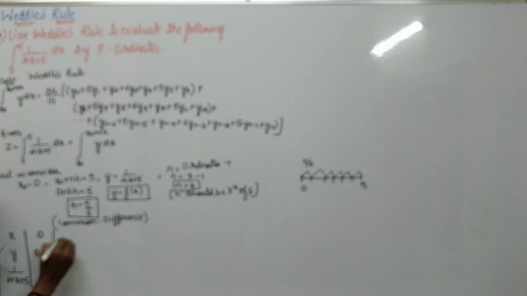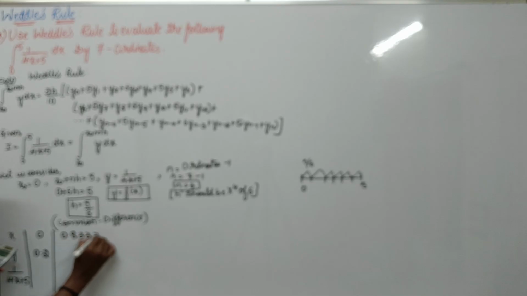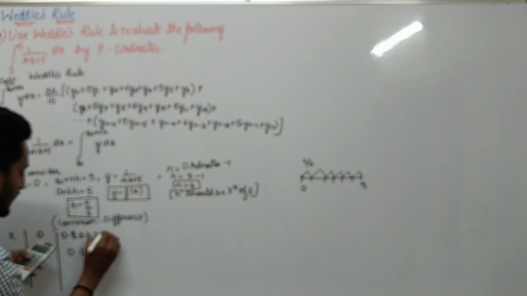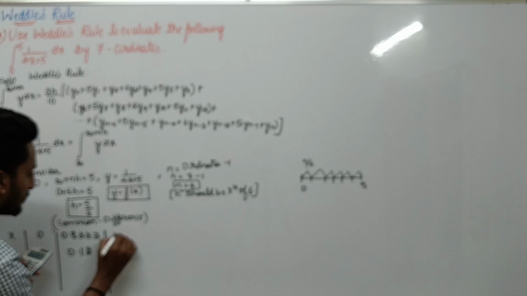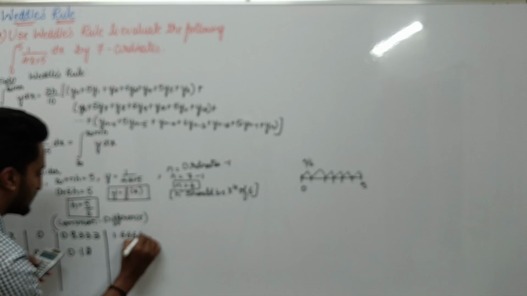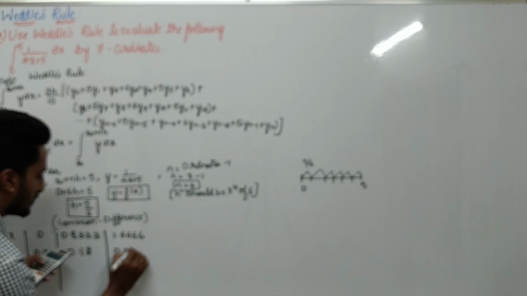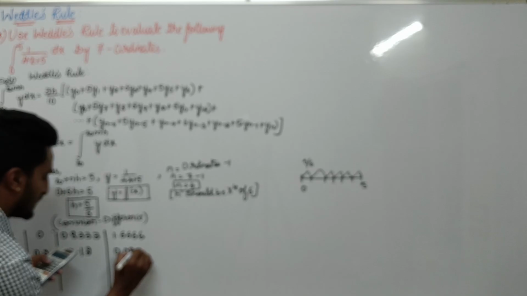Next, for 0.8333, I have 0.12. Next, I have 1.6666, we get 0.0857.